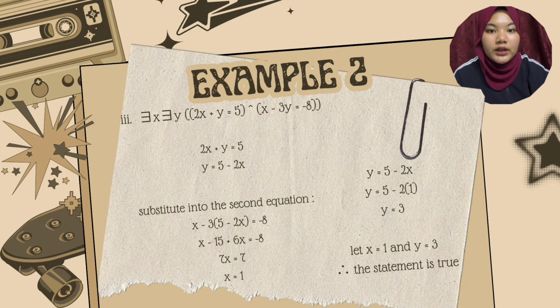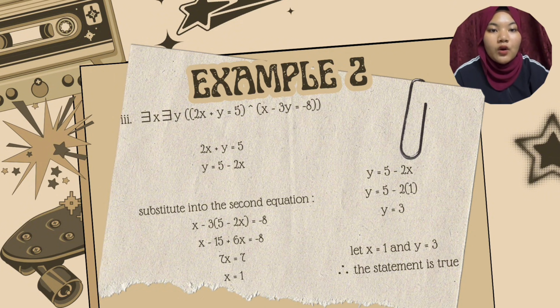So x minus 3 times (5 minus 2x) equals negative 8. Now we simplify the equation: x minus 15 plus 6x equals negative 8. So 7x equals 7, so x equals 1.